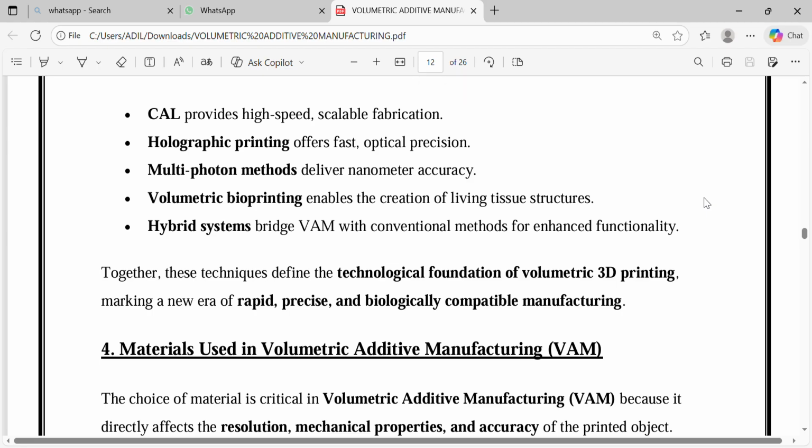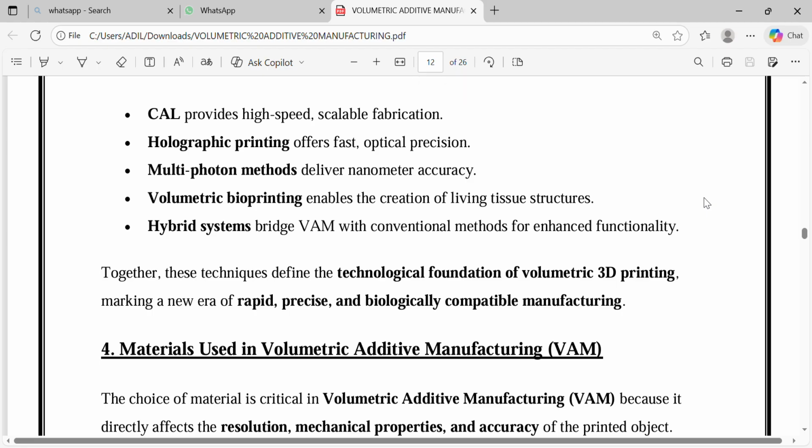Volumetric bioprinting enables the creation of living tissue structures, and hybrid systems are the bridge between VAM and conventional methods for enhanced functionality. These techniques define the technological foundation of volumetric 3D printing, making a new era of rapid, precise, and biologically compatible manufacturing.